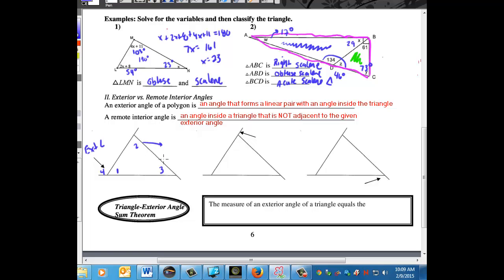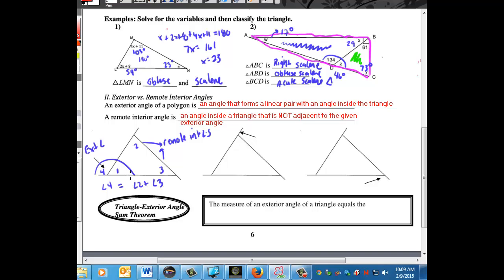Angles 2 and 3 are called remote interior angles in relation to angle 4. Okay, and it's always going to be true that angle 4 is going to equal angle 2 plus angle 3. And why is that? Well, look how this forms a linear pair. So let's change colors here.